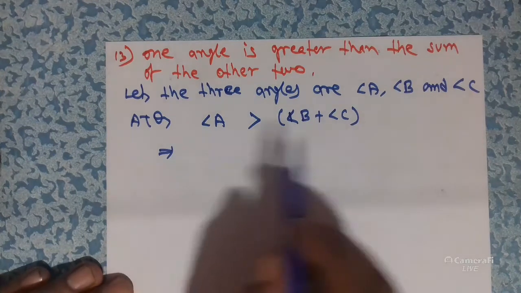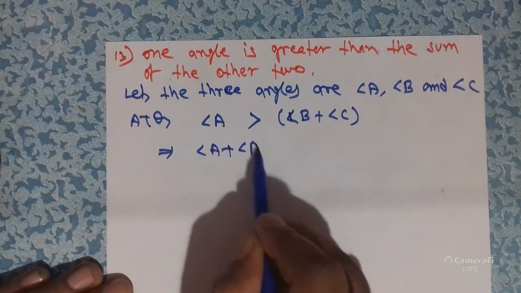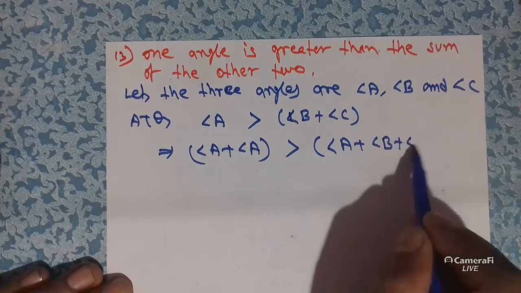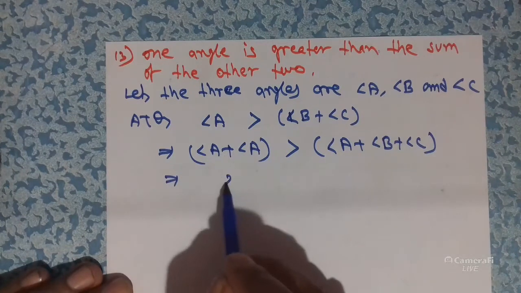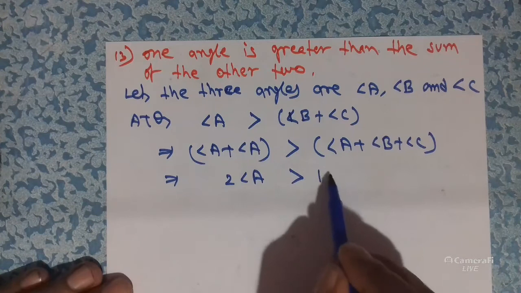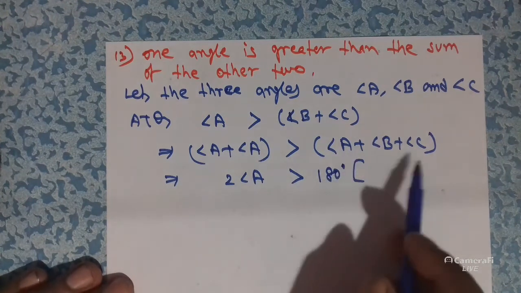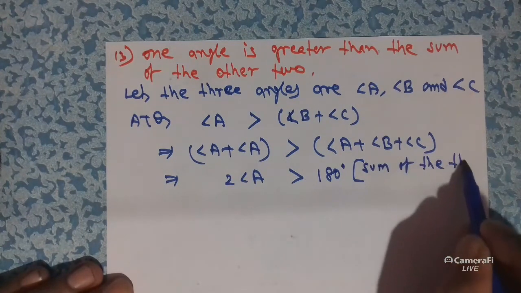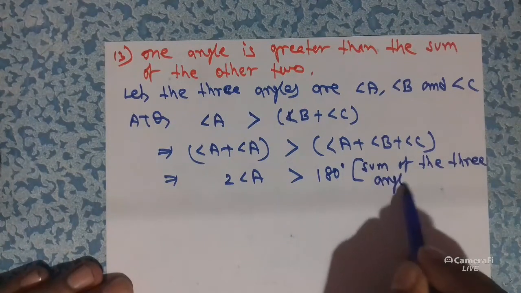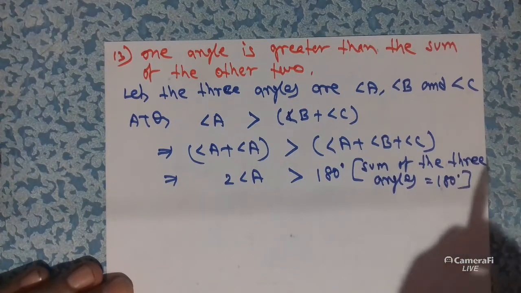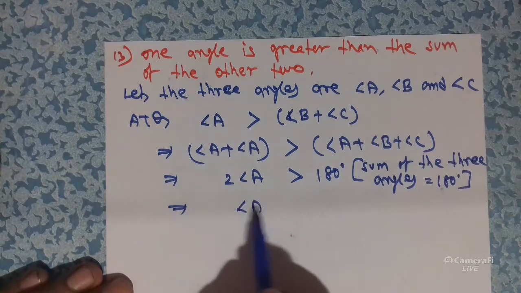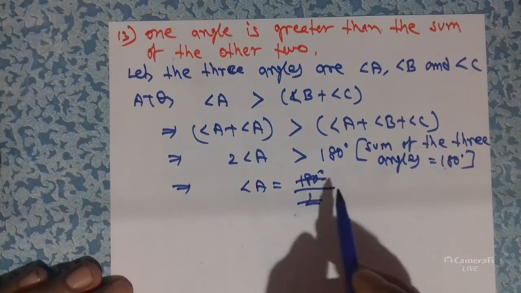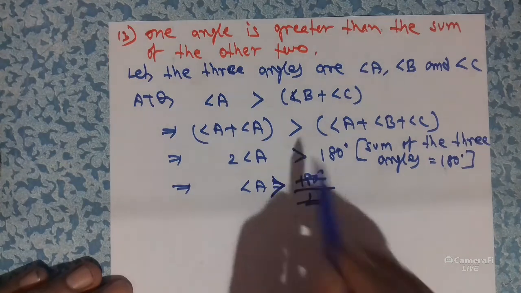Now if we add angle A on both sides, it will be angle A plus angle A greater than angle A plus angle B plus angle C. Now angle A plus angle A is 2 angle A, greater than 180 degrees. Why? Because the sum of the three angles is 180 degrees.